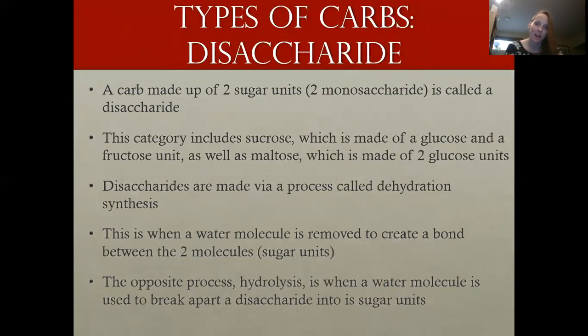The second type of carb is a disaccharide that will have 2 sugar units or 2 monosaccharides attached to one another. This includes sucrose, which is made of a glucose attached to a fructose, as well as maltose, which is 2 different glucose units stuck to one another. The way we create disaccharides or any type of polysaccharide is a process called dehydration synthesis.